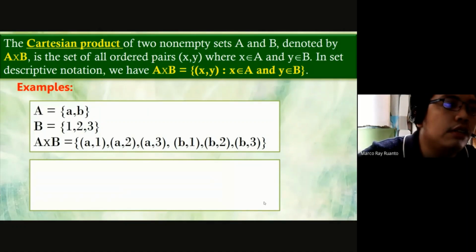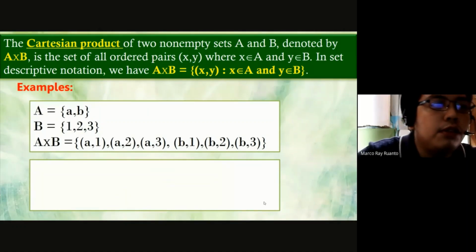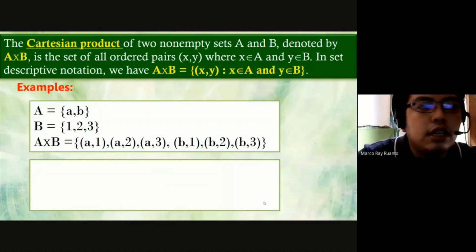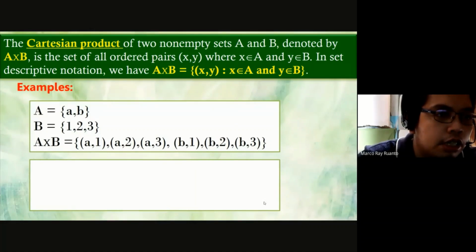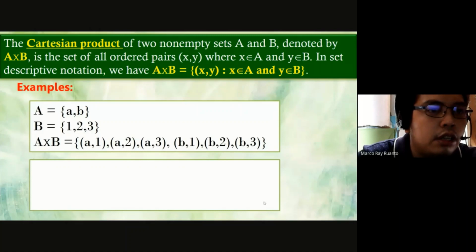Notice that if we have two elements for A and three elements for B, the cross product should have 2 times 3, which is 6, elements. That is why here you have a set of ordered pairs with 6 elements.